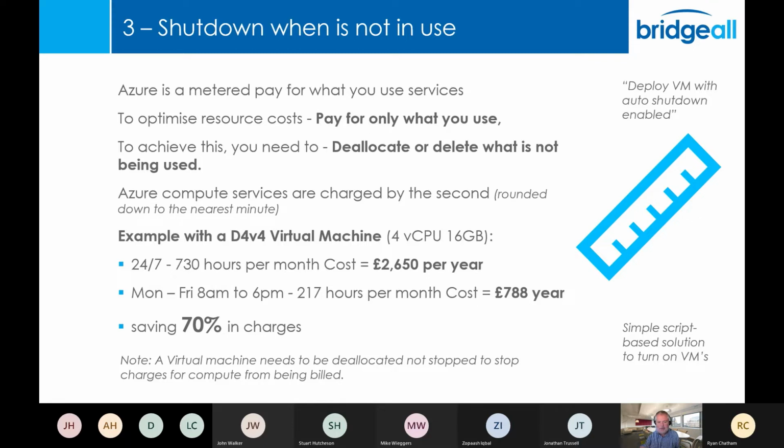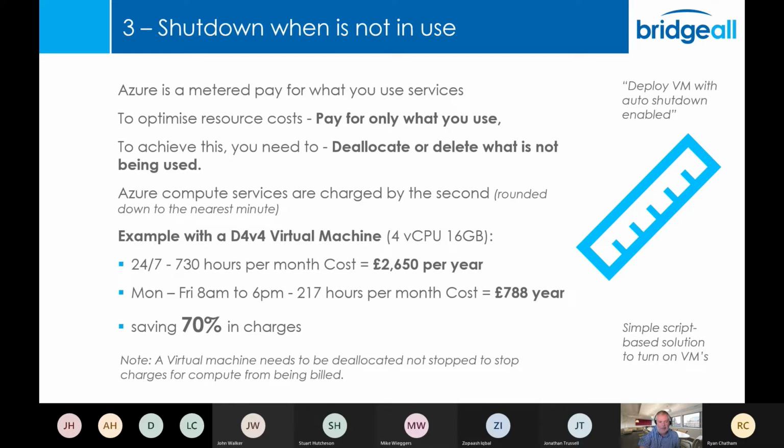Azure Compute Services are charged by the second, and this is actually rounded down to the nearest minute. So they compile all of the families of CPUs and memories and group them into a single cost for you.